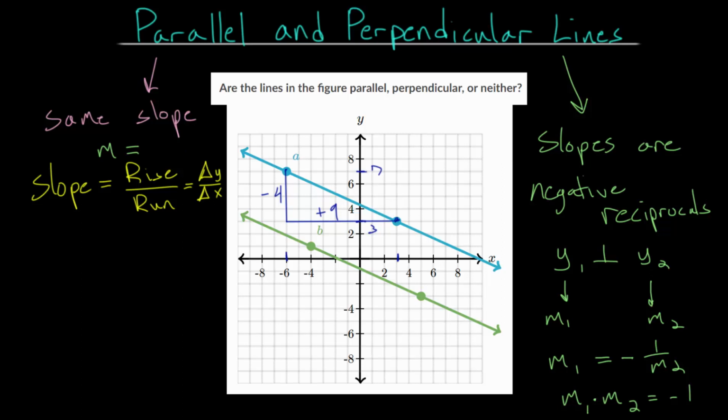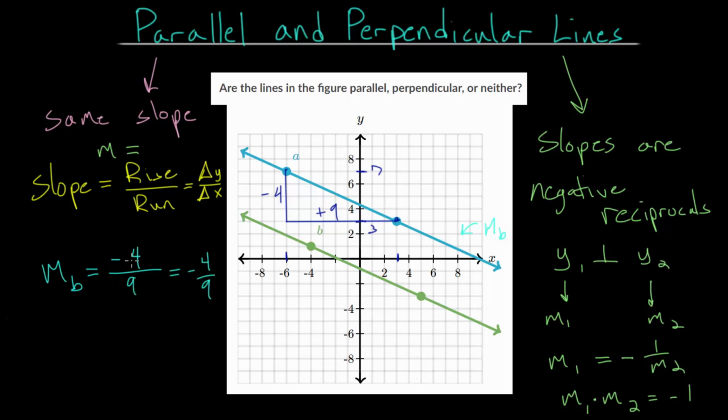So we can say the slope on the blue line, let's call this m sub b, is a rise of -4 and a run of +9. So the slope is -4/9.